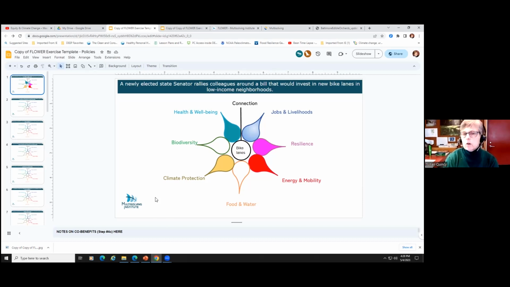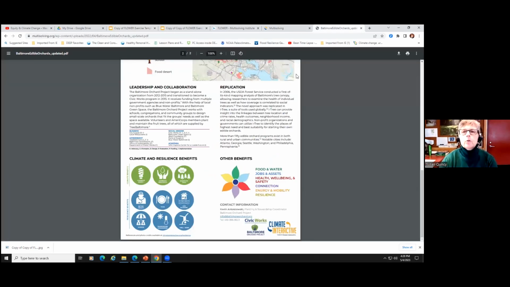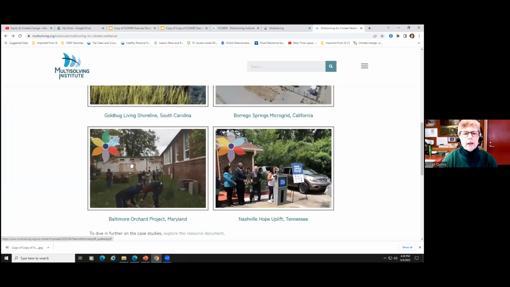It can be a slide of its own, or going back to the multi-solving program here, you might have a slide that has it up here in the corner.